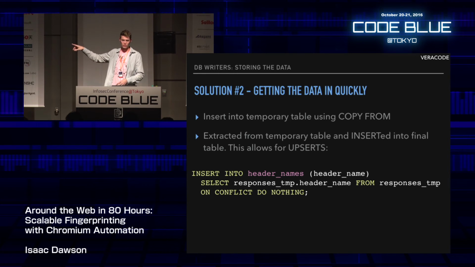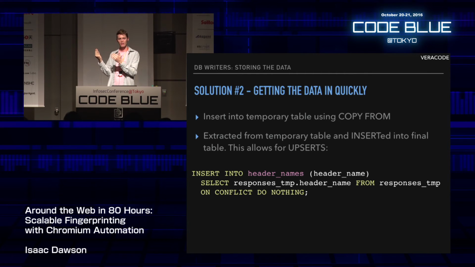On the bottom, you may notice an on conflict do nothing. This is the upsert. So the benefit of upserts is, let's say I have a header name table with 30,000 header names, and there's one header name that I'm going to be inserting again. So let's say I have this header temp table with 100 headers, but one of them is exactly the same.